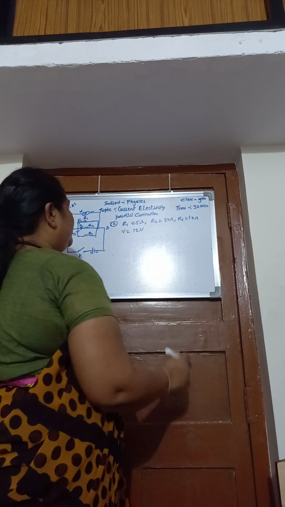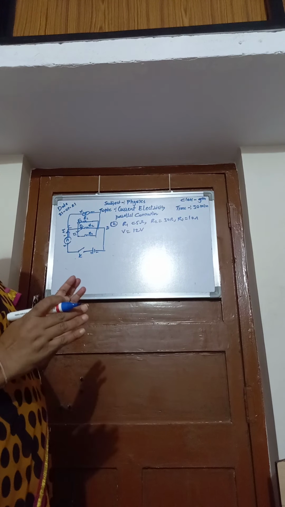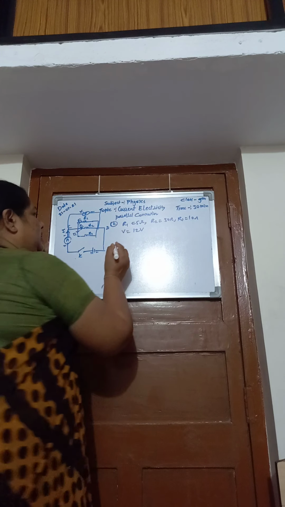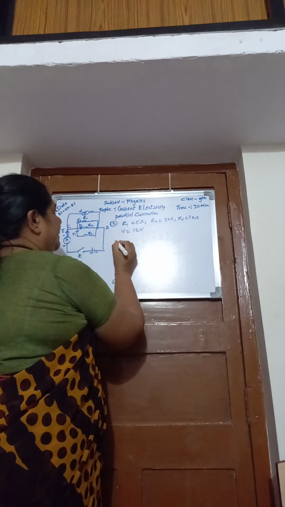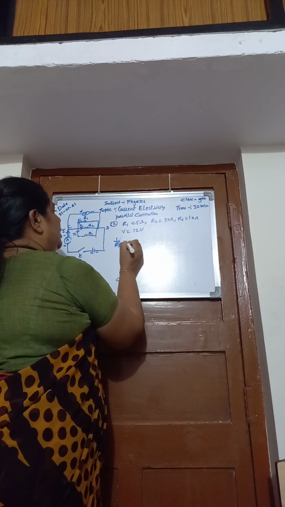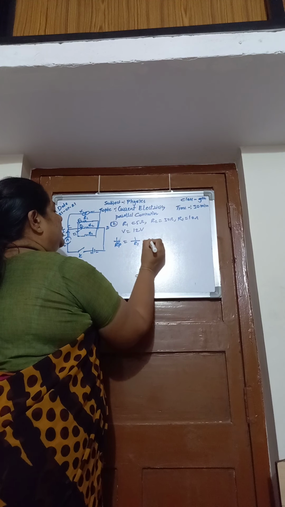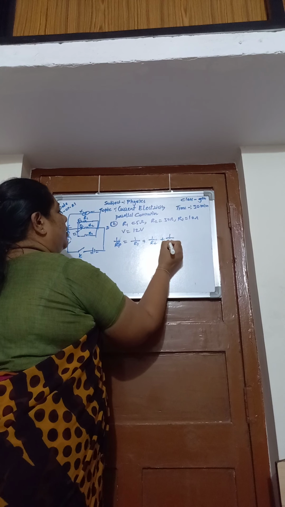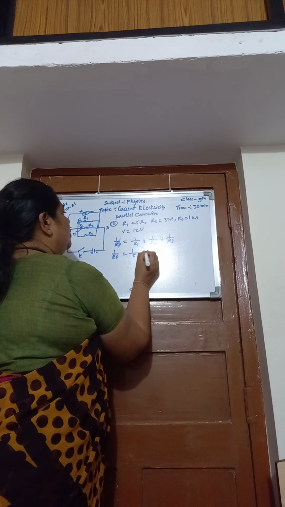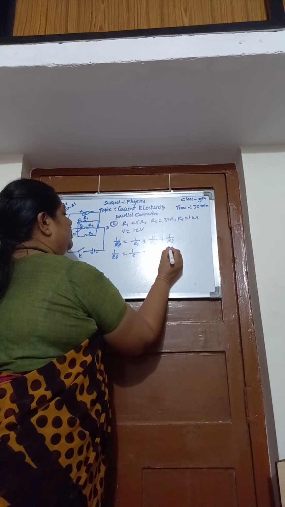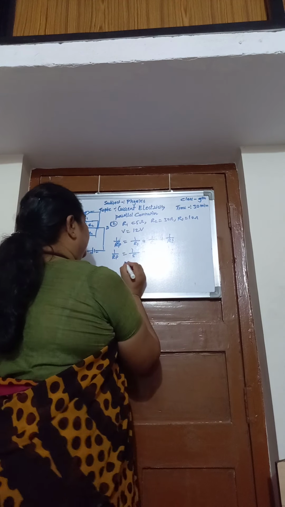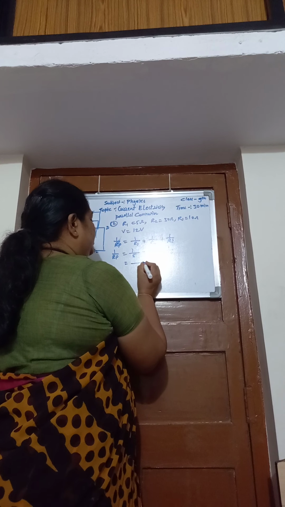Who will tell me the formula to calculate the equivalent resistance of the parallel connection? Good. 1 upon Rp equal to 1 upon R1 plus 1 upon R2 plus 1 upon R3. 1 upon Rp equal to 1 upon 5 plus 1 upon 30 plus 1 upon 10. Take the LCM of this. LCM will be 30.